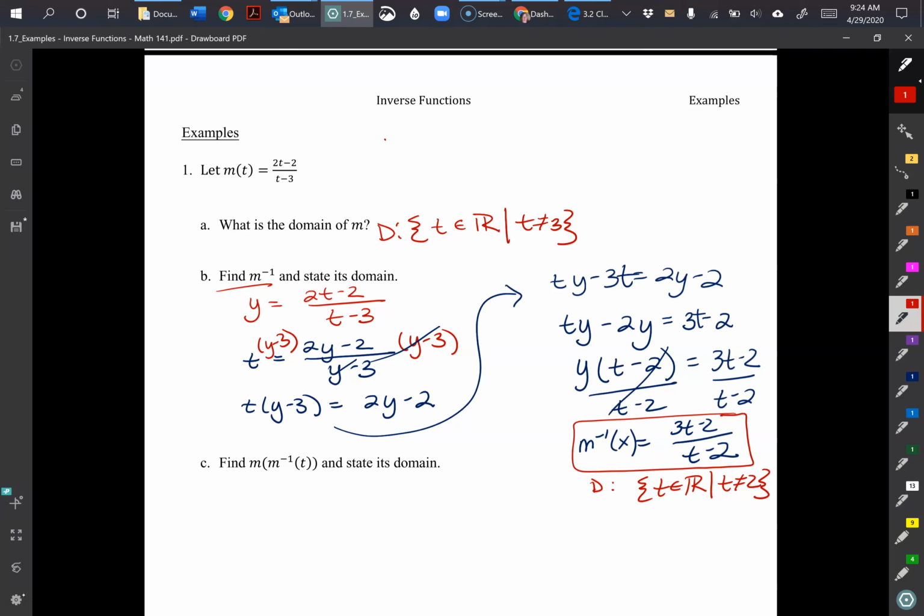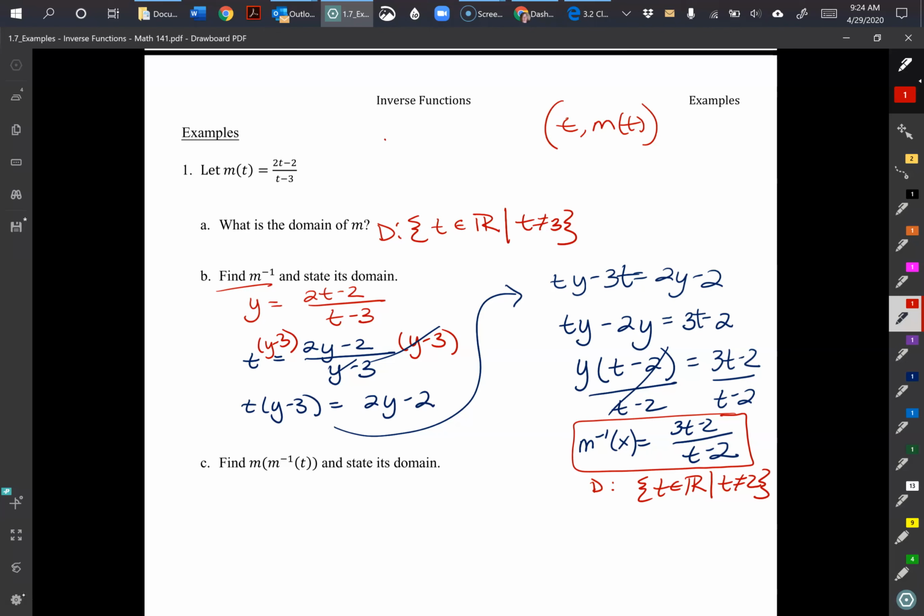So if you think about it, I have t and m of t. That's my original, like say that were a point. So my range originally was m of t.